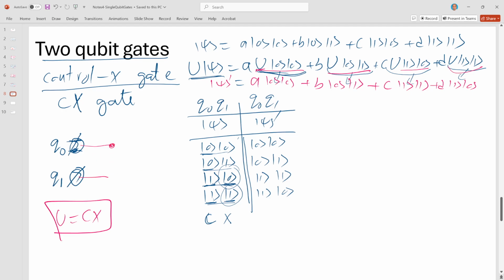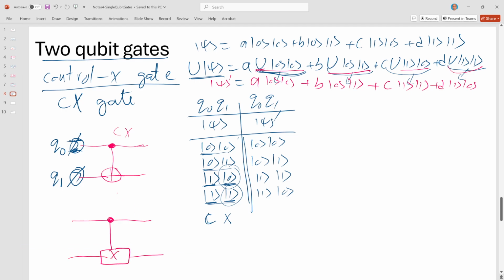We put a solid dot, and then there are two ways. Either you will see a plus sign written, or there's another equivalent symbol where we just put a box and write X. So this is the symbol for control X. An alternative symbol for this control X gate is this, like this. So they're both equal.